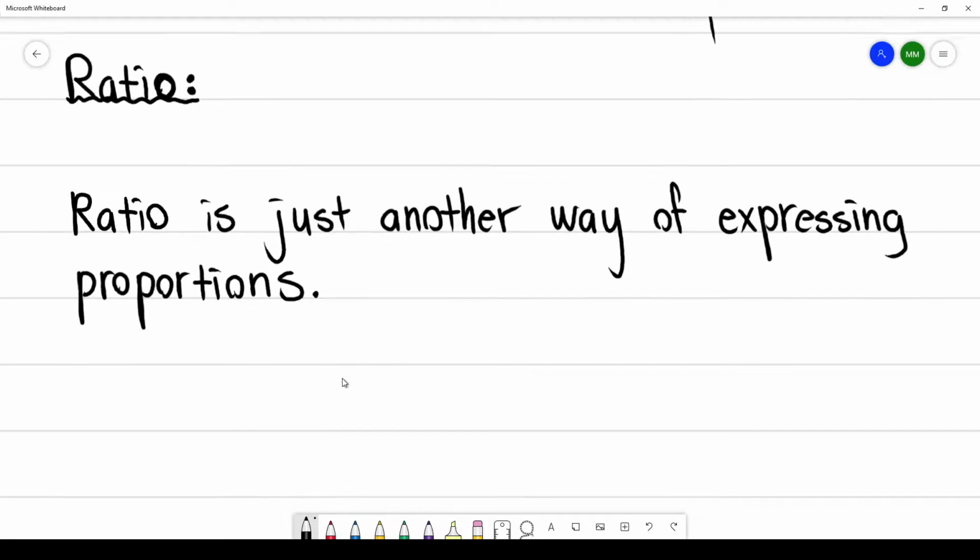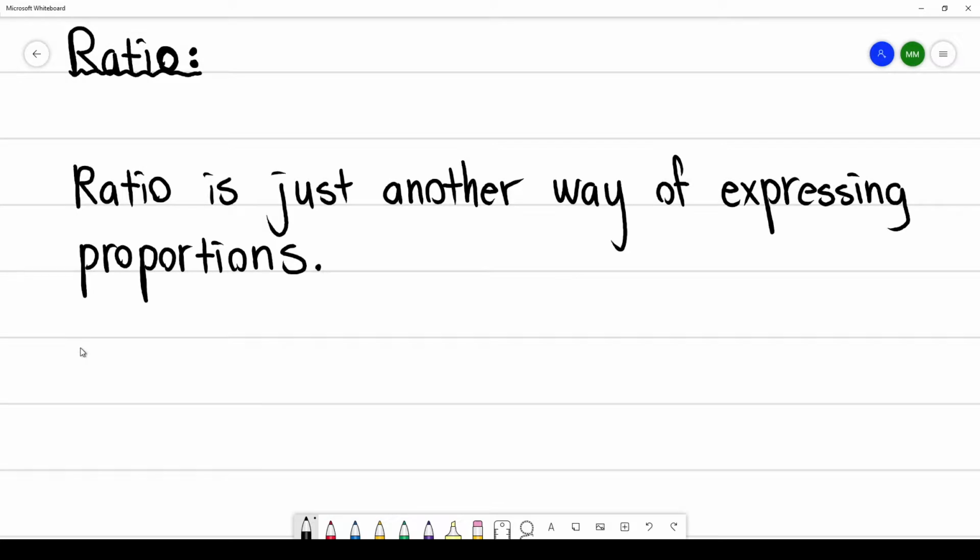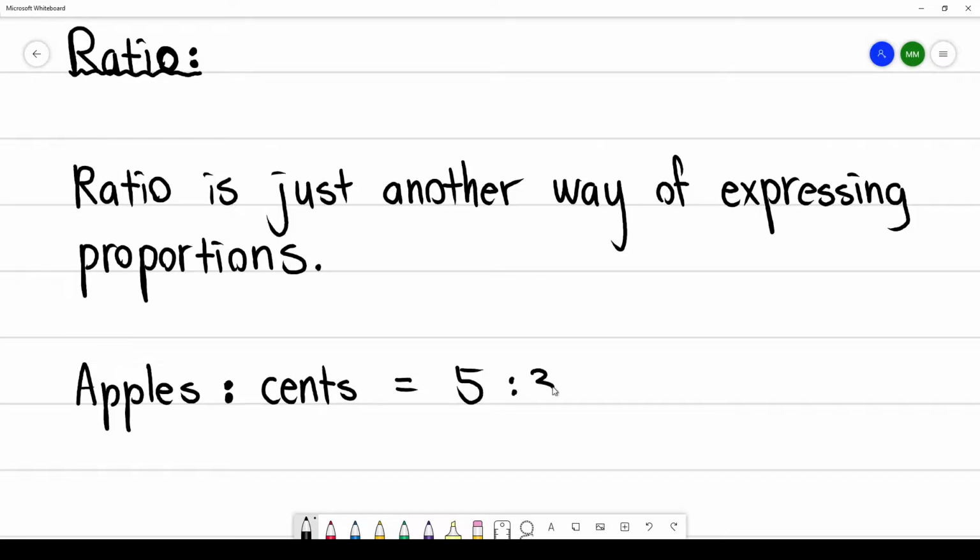And how we write a ratio, I think you guys know, is, let's say, apples to cents. So apples, we put this colon, to cents. We can say that it is 5 to 39.